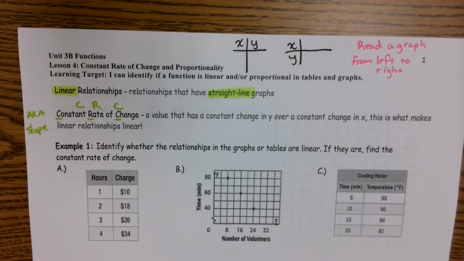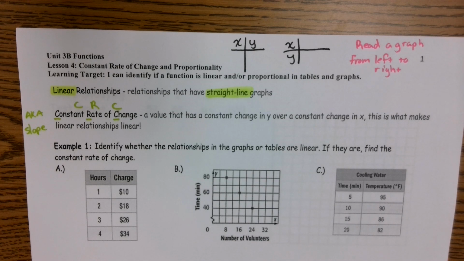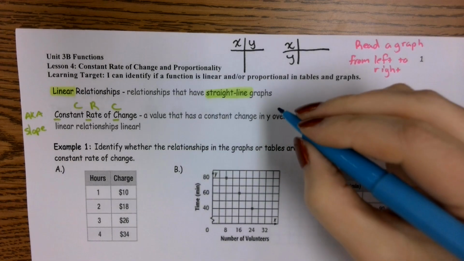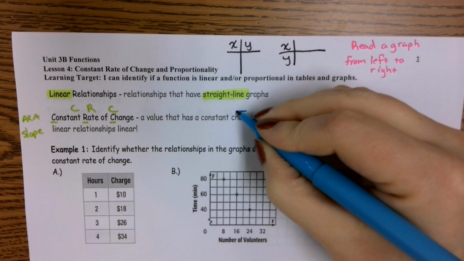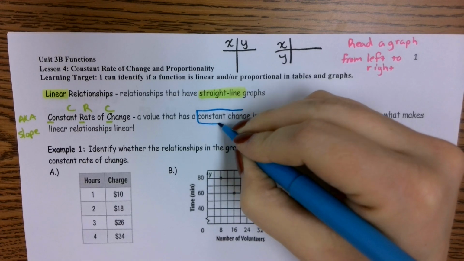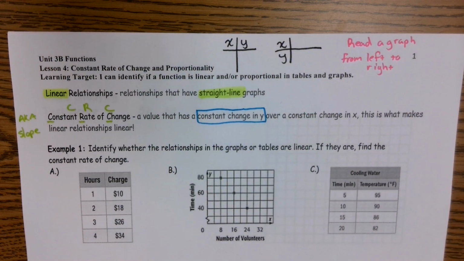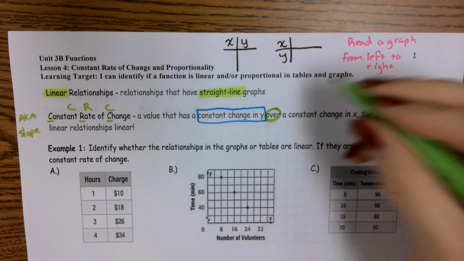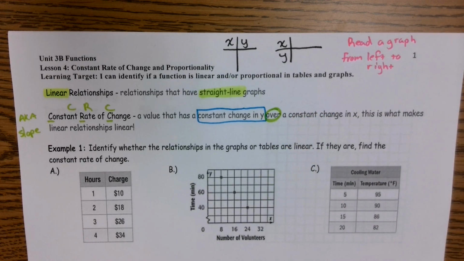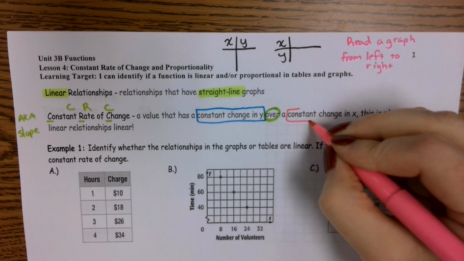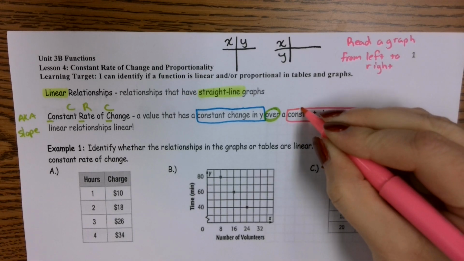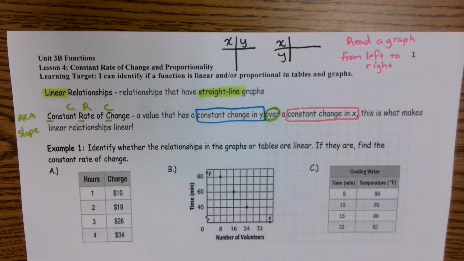So for our constant rate of change, we're always talking about the change in our y that's going to occur over the change of your x. So change of y over the change of x.